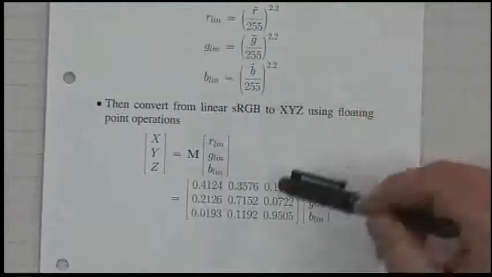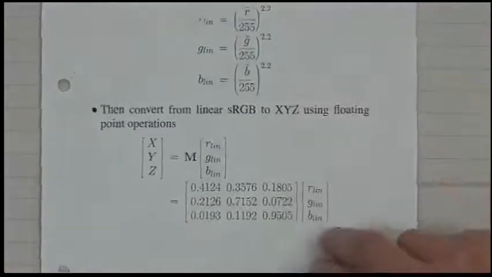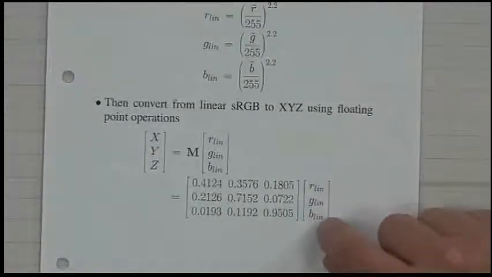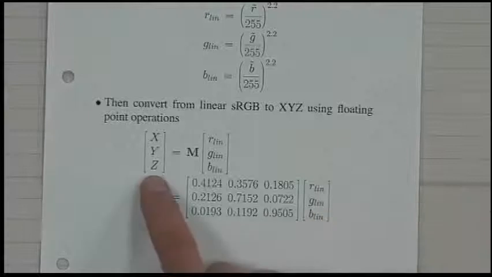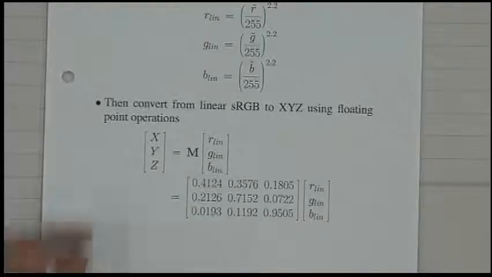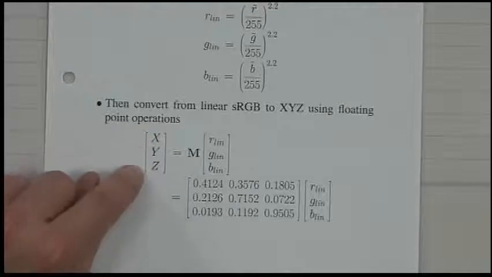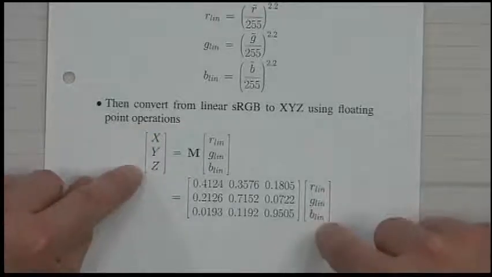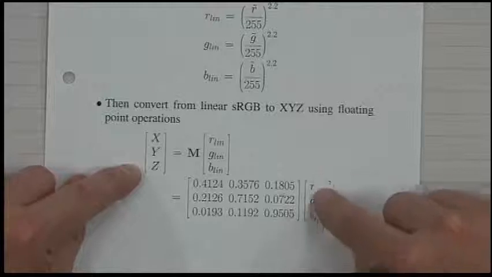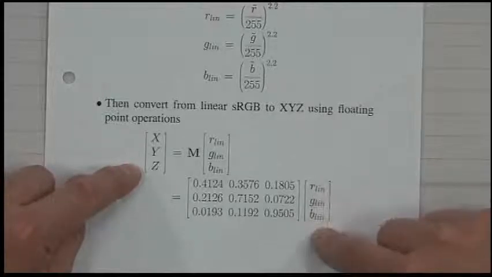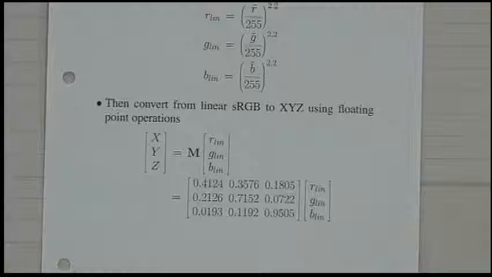So therefore, this is the colorimetric transform that takes you from a linear RGB space to XYZ, assuming that XYZ equals 111 corresponds to equal energy white, and here 111, or 255, 255, 255, corresponds to D65.